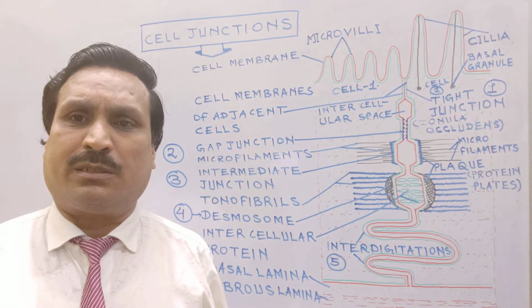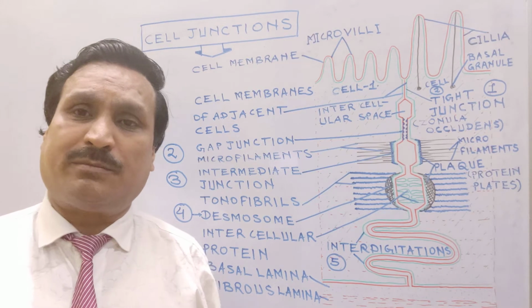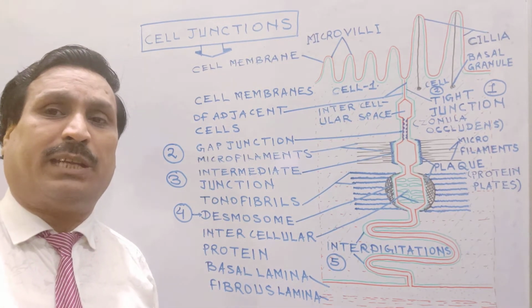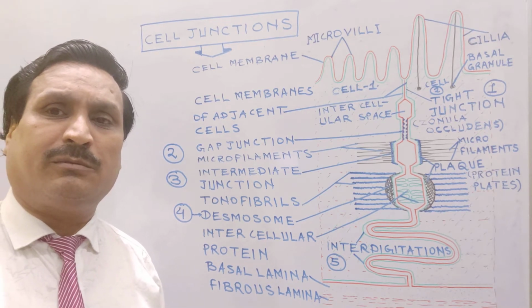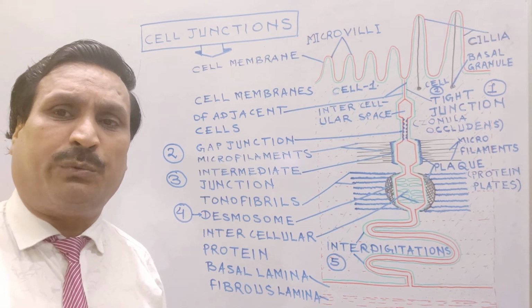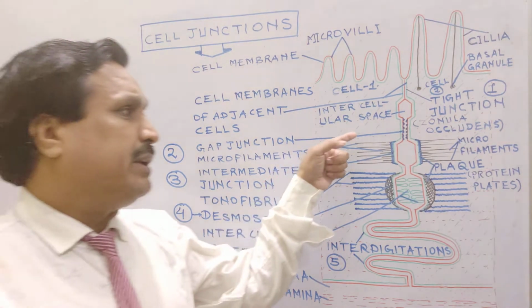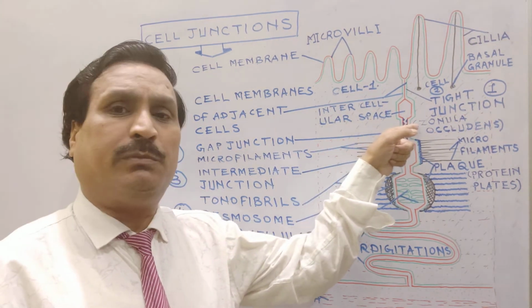What does it mean by large molecule? How much large? For your knowledge, here I am mentioning that 1000 Dalton molecular weight having particle may pass across this gap junction.